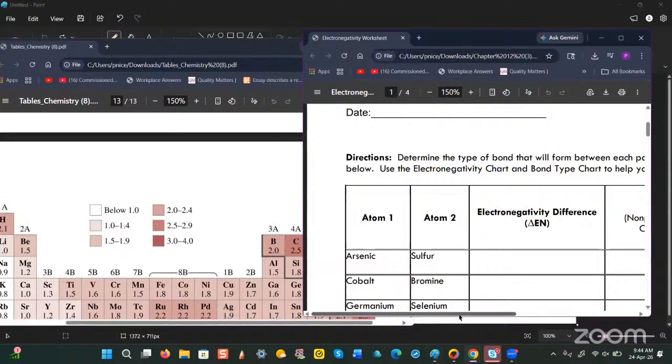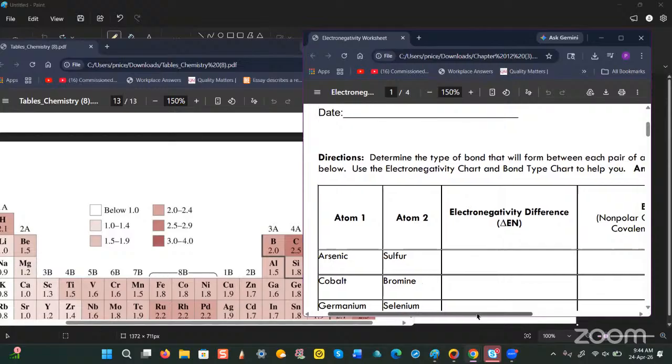Okay, so the first pair of atoms is arsenic and sulfur, right? So the first thing we need to do is calculate the electronegativity difference between sulfur and arsenic.